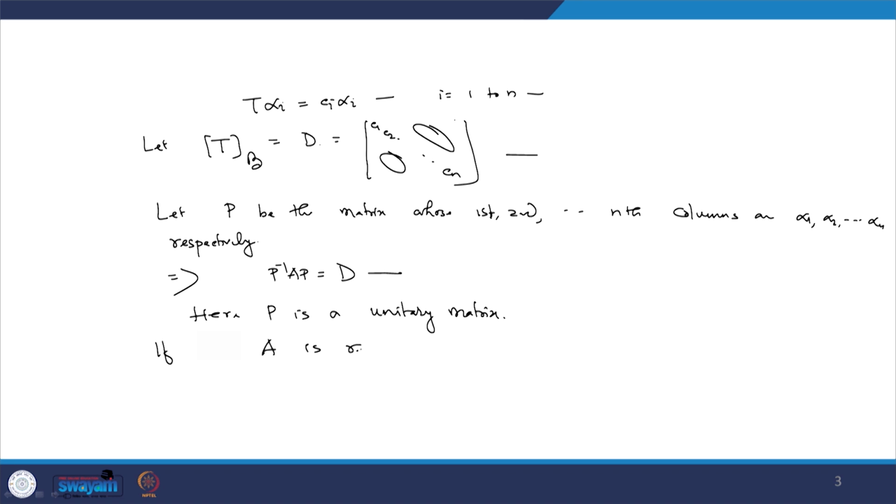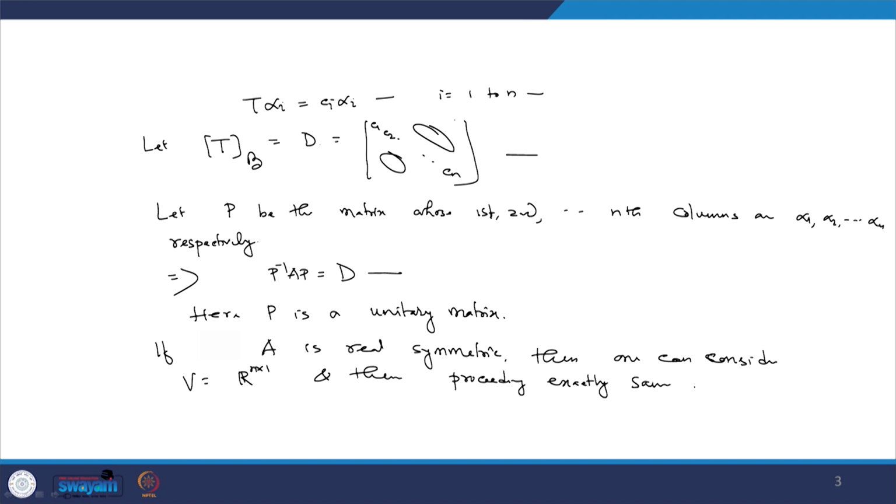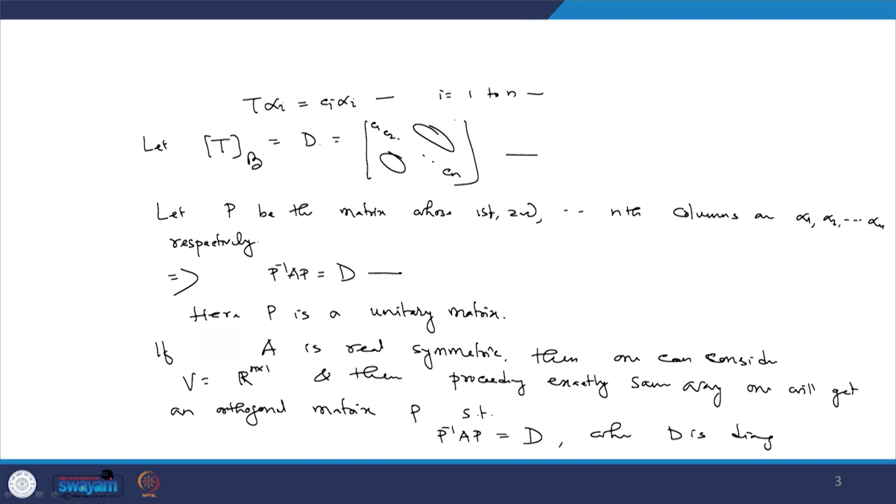If A is real symmetric, then one can consider V equal to R n cross 1, that is the set of all n cross 1 column vectors over the real line, and then proceeding exactly the same way, one will get an orthogonal matrix P such that P inverse AP will be D, where D is a diagonal matrix.